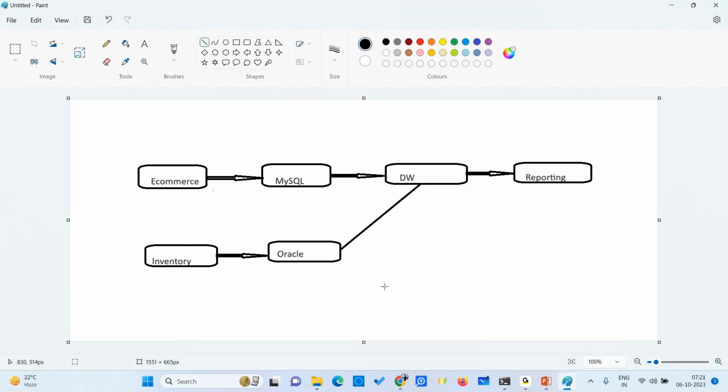Because that data is huge, this data warehouse is not sufficient to store it. So they need a file system to store that big data, that is called Hadoop.